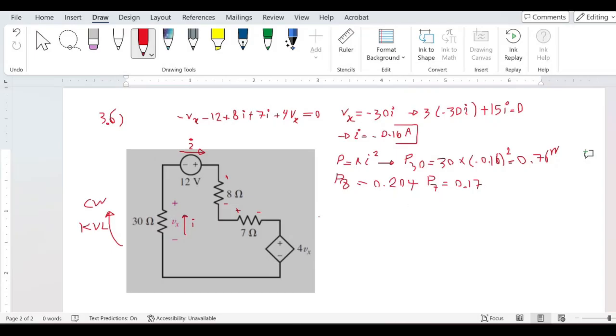And if you remember, the positive value of the power means that these elements consume the energy. So if you take a look at the 12-volt battery, what I just mentioned before is that the direction of the current is wrong, and the actual correct direction for the current would be in this direction, right?